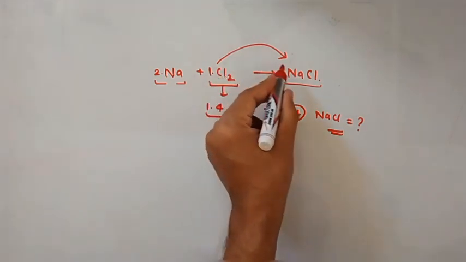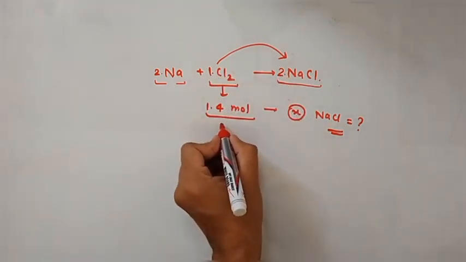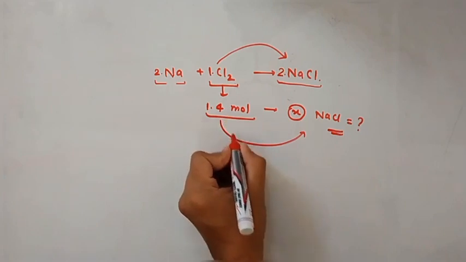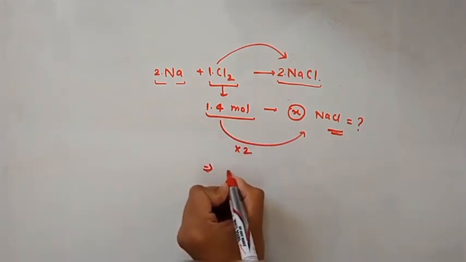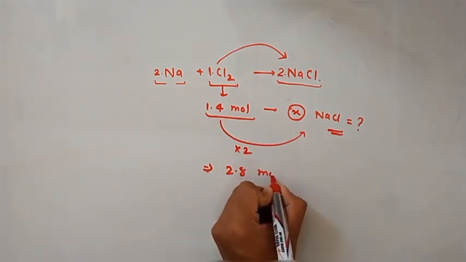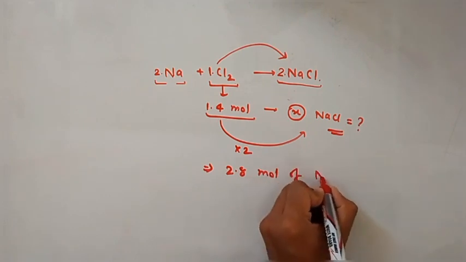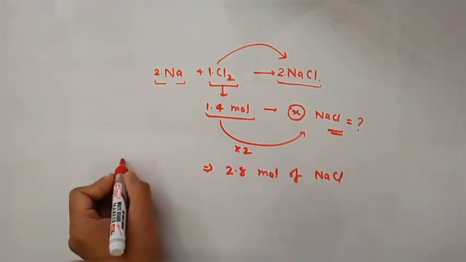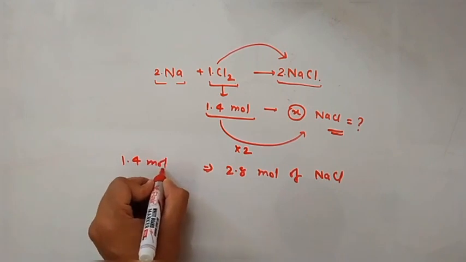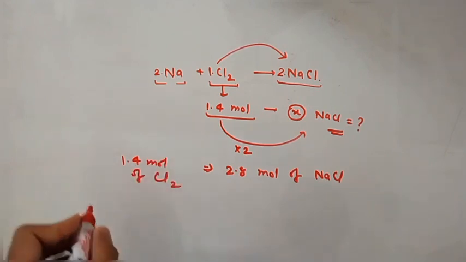So we just multiply by 2. That is, we get 2.8 mole of NaCl when we have 1.4 mole of Cl2.